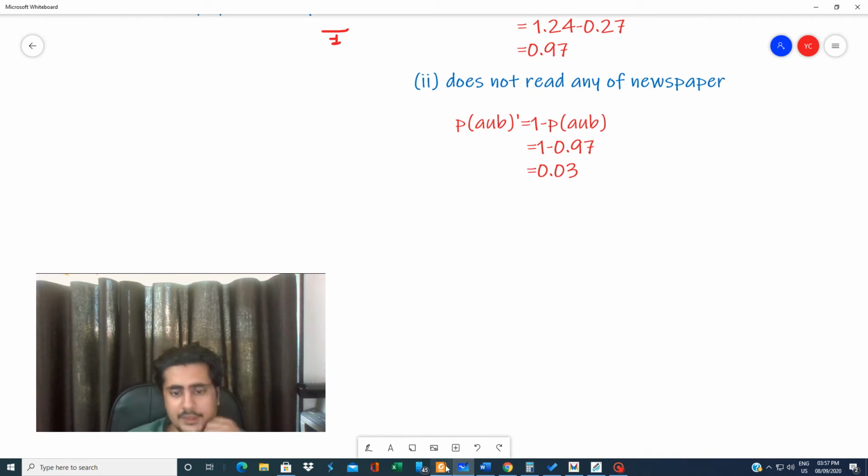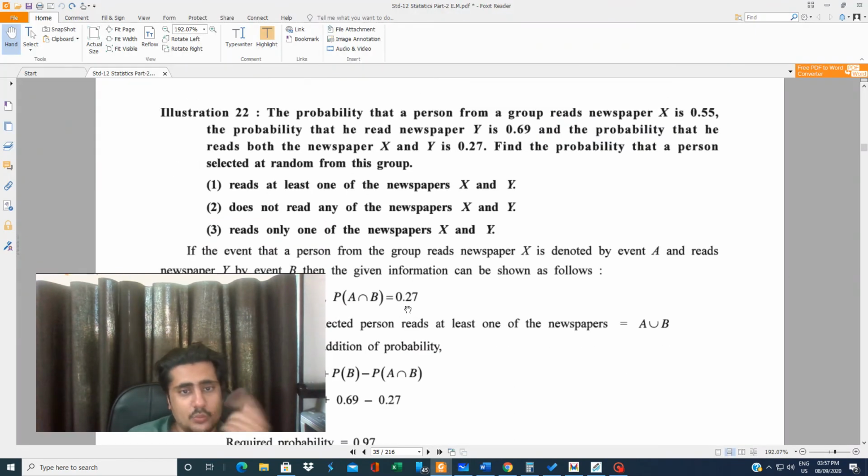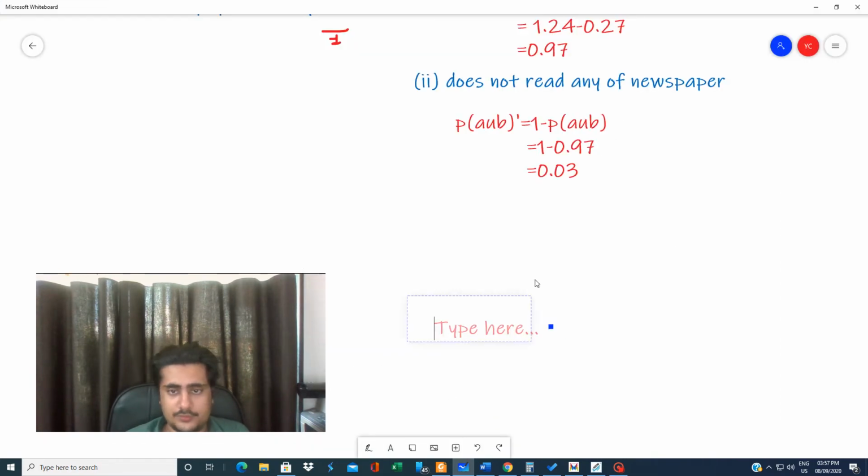Now, reads only one of the newspapers. Third question.